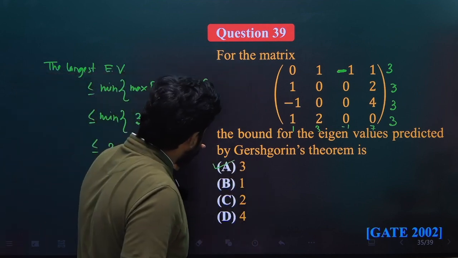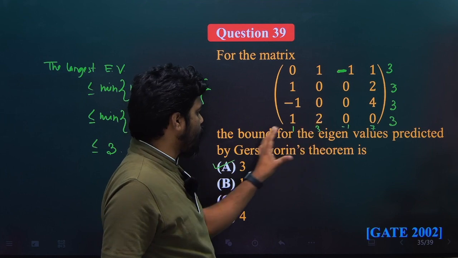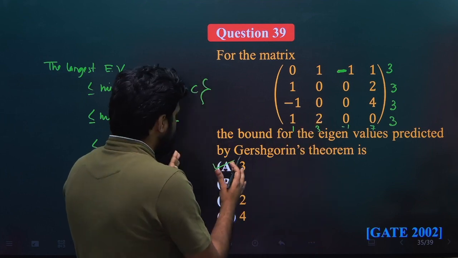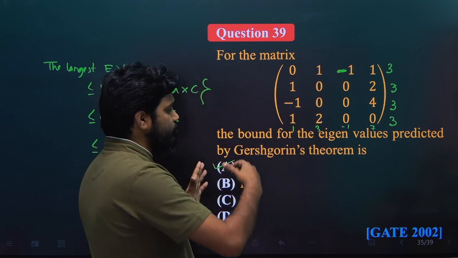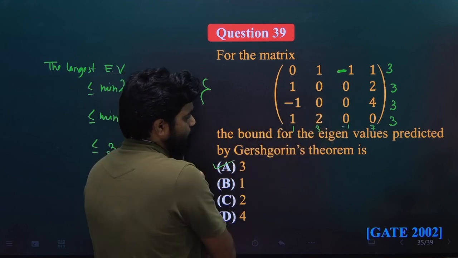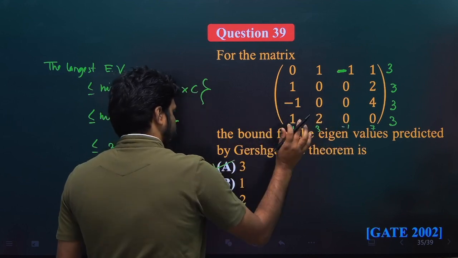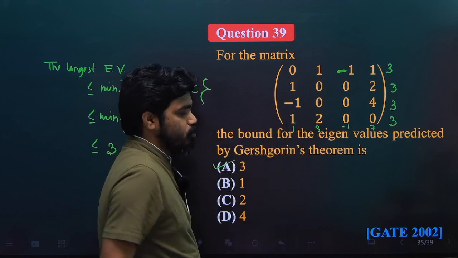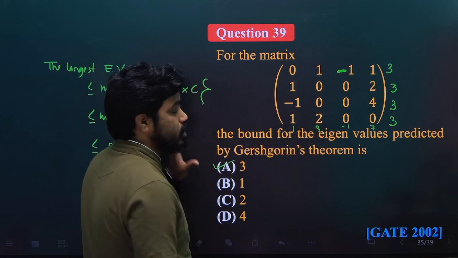For the matrix, this is the bound for the eigenvalues, that is, what the maximum value of lambda can be, predicted by the Gershgorin theorem.